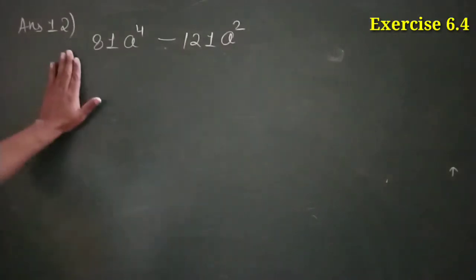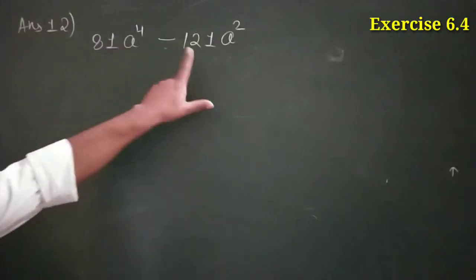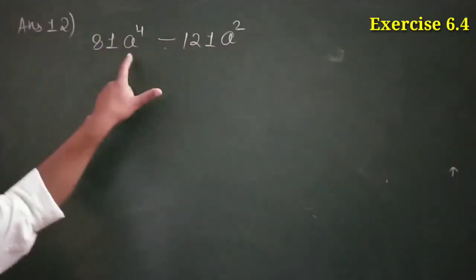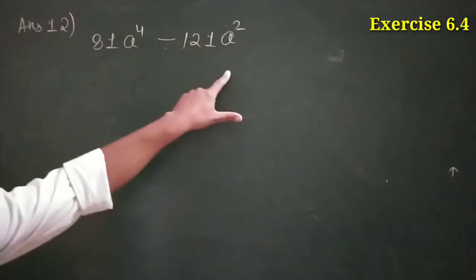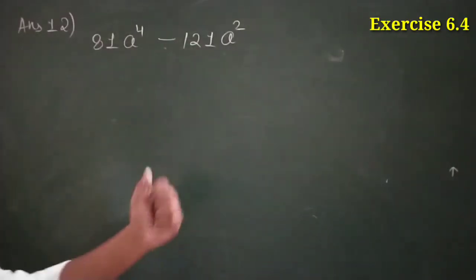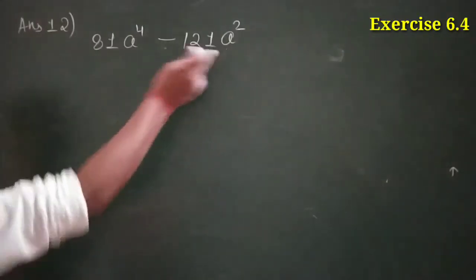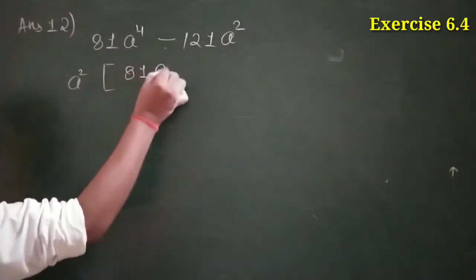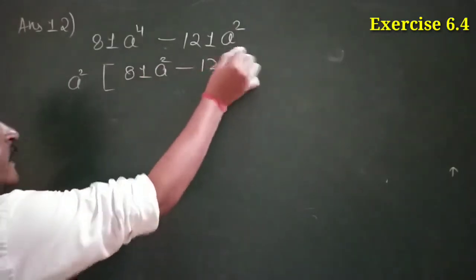Student, now see question number 12. In question number 12, if you will see, then 81 is the square of 9, 121 is square of 11, and they are coming at both the places. It means first of all we have to take out the common. So what is the common? A square. So it will become a square into 81 minus 121.